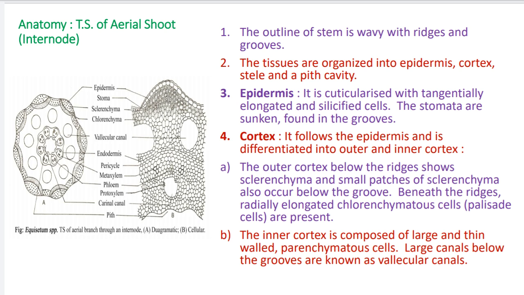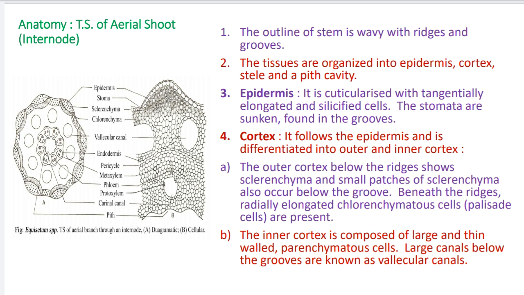Number 2, the tissues are organized into epidermis, cortex, stele, and pith cavity. So these are the main parts of the anatomy of the stem. Number 3, epidermis. It is cuticularized, meaning it is covered by the cuticle, which is a waxy coating, with tangentially elongated and silicified cells. Their structure is tangentially elongated, and silicified means they are deposited with silica.